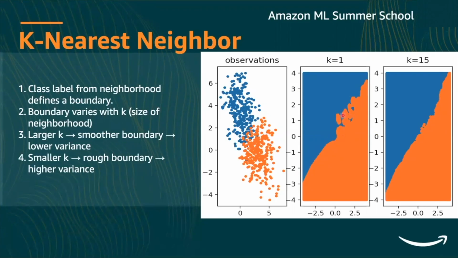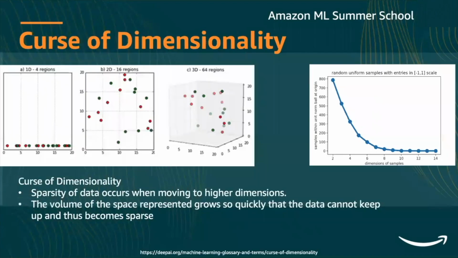You can see pockets and all. So it is a nonlinear classifier, but if the k is very small, the boundaries you get are very jagged. However, if you take a huge neighborhood, you sort of average out the variations, and hence you get a smoother boundary between the two classes.